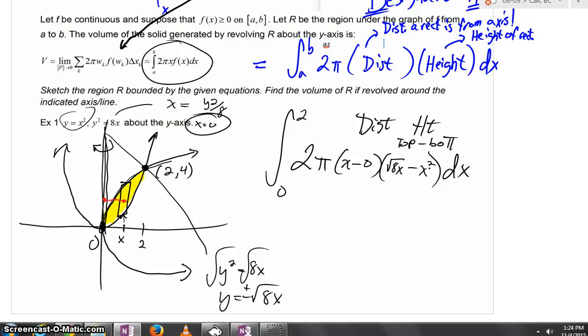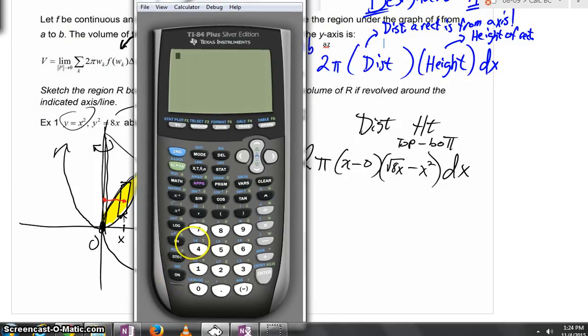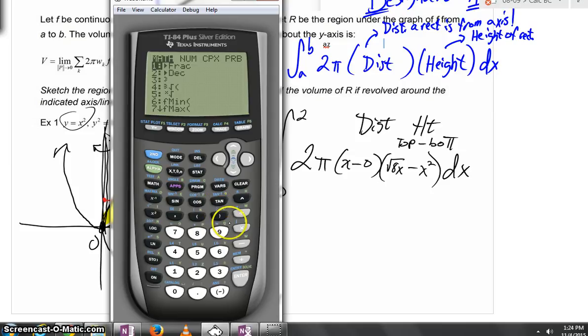So let's talk about using the calculator and getting some help here. You could most definitely just get this thing up, go to math and bring up a 9. And I'm going to go from 0 all the way up to 2. You could put pi in, but you don't have to. A lot of times I like to just put pi at the very end of the answer.